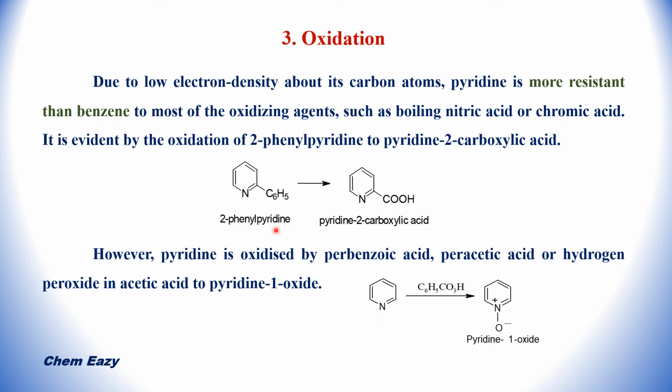However, pyridine is oxidized by perbenzoic acid, peracetic acid or hydrogen peroxide in acetic acid to pyridine-1-oxide, as shown in this reaction. Pyridine with peracetic acid gives pyridine-1-oxide as an oxidation product.